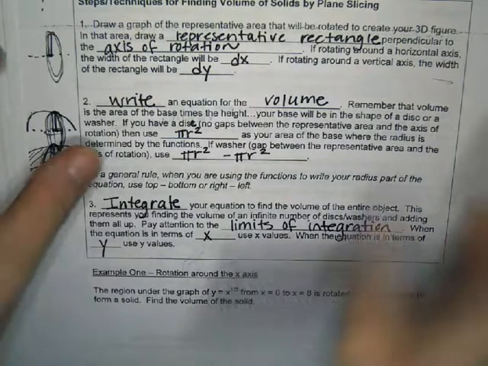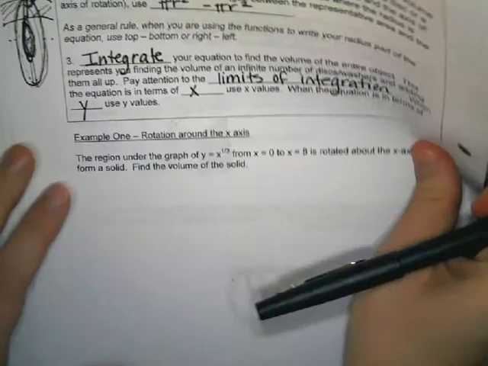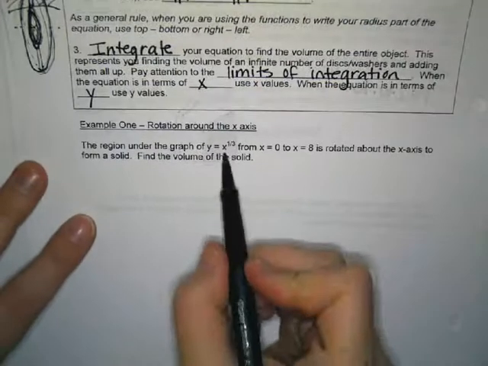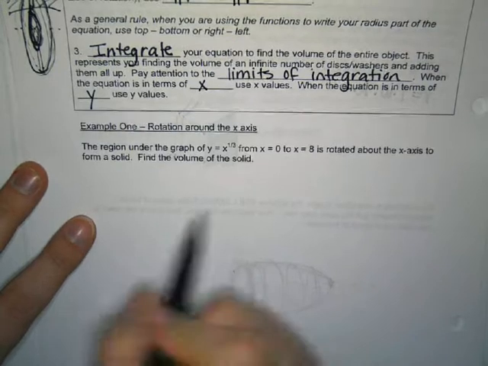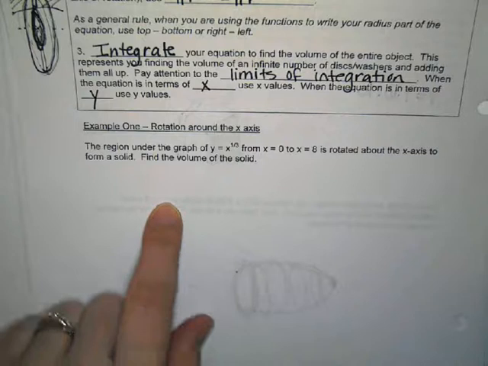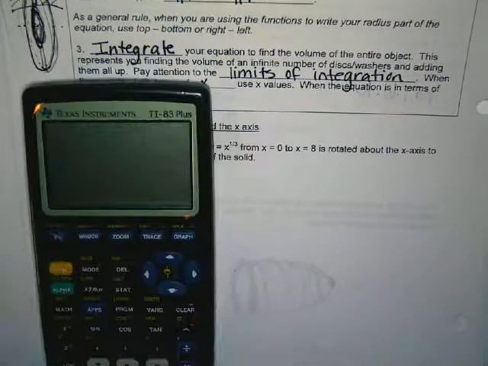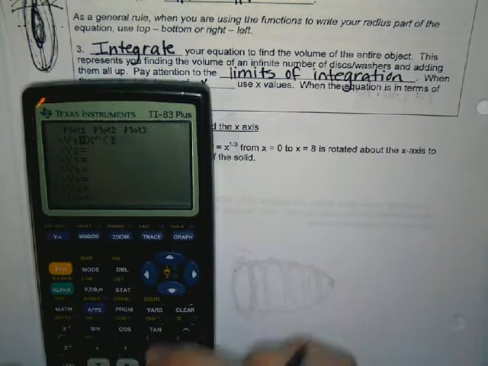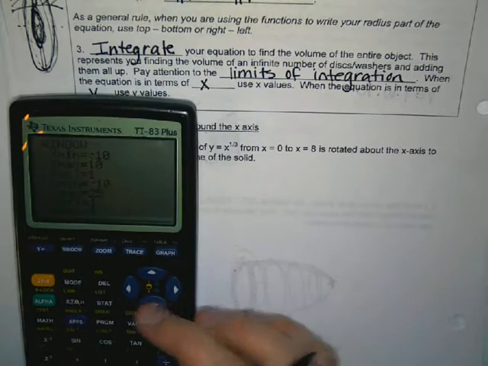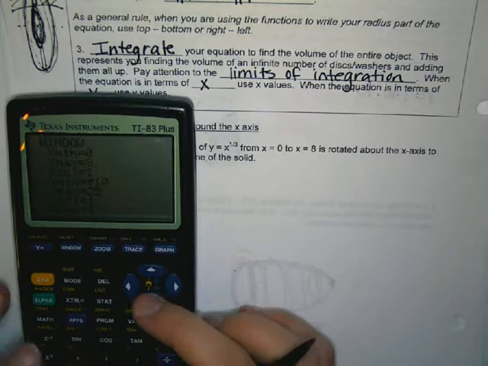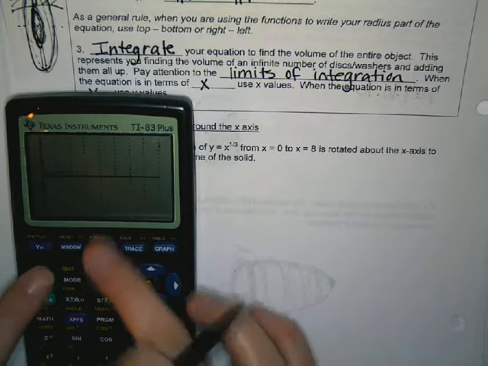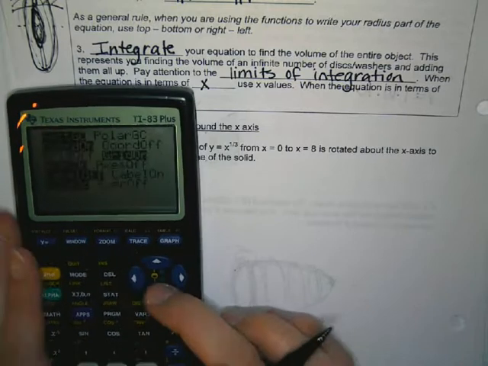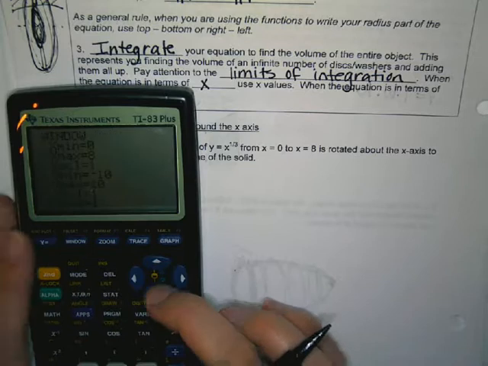Alright, so for example 1, the region under the graph of y equals x to the 1/3 from 0 to 8 is rotated about the x-axis to form a solid. Find the volume of the solid. Alright, we are going to start by actually graphing this function. So, x to the 1/3, and I'm going to change my window so it's from 0 to 8, and to 5.